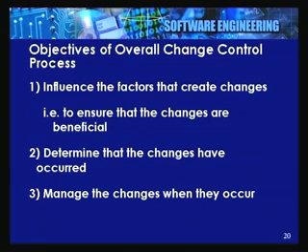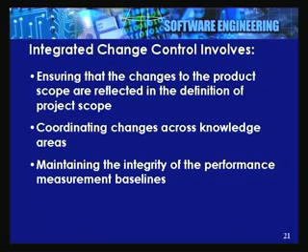So, an integrated change control process involves first ensuring that the changes to the product scope are reflected in the definition of the scope, then coordinating changes across the knowledge areas, like proposed schedules and all that affecting all the other areas, and maintaining the integrity of the performance baseline. All these things need to be managed.